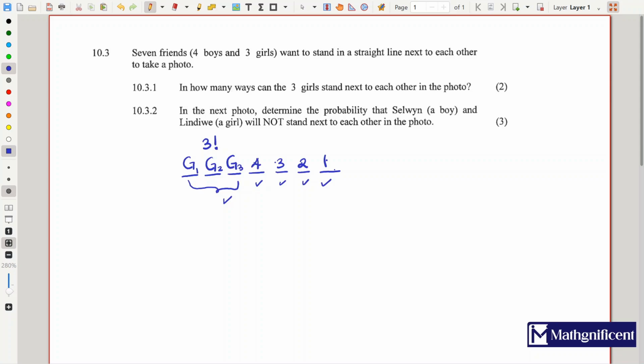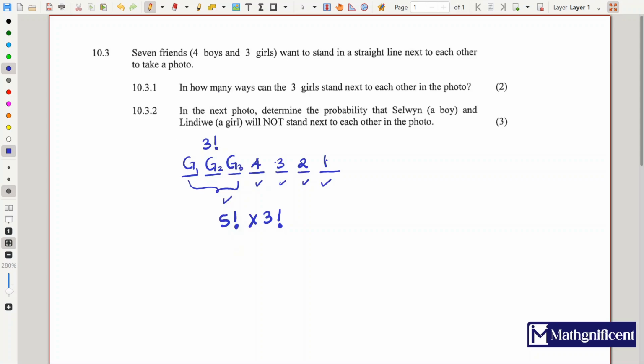So in how many ways can I arrange those 5 items? I can arrange this in 5 factorial ways. But then remember, in how many ways can I arrange the girls? I can arrange the girls in 3 factorial ways. And this is how I can get the total arrangement for this particular question.